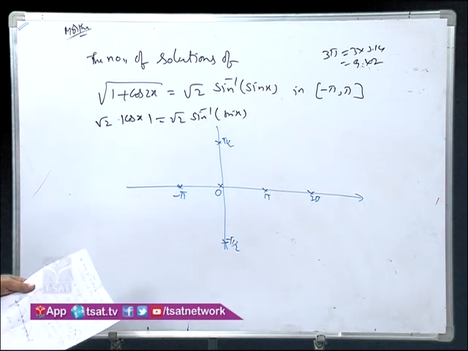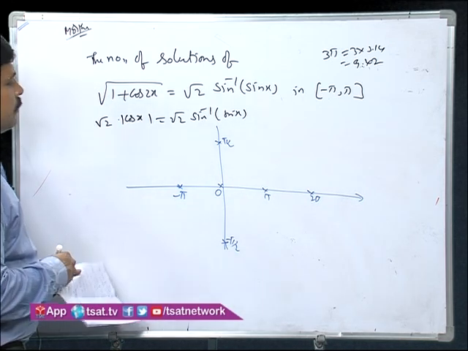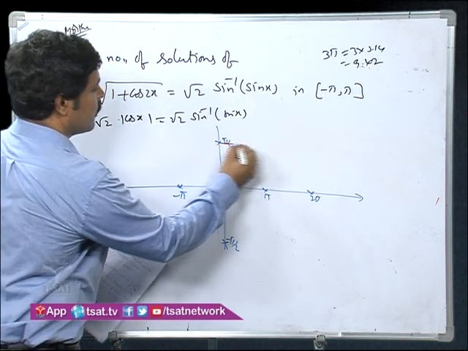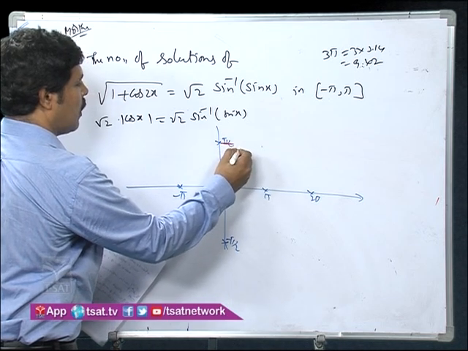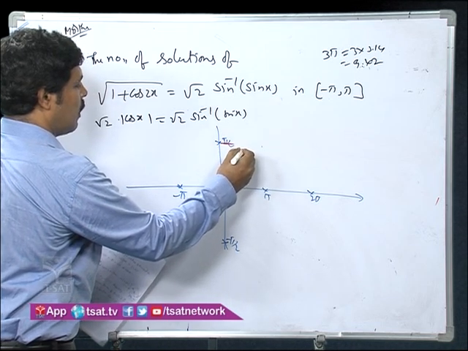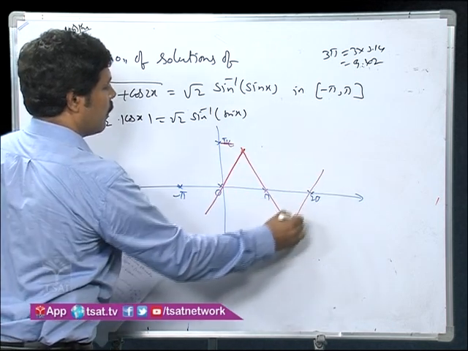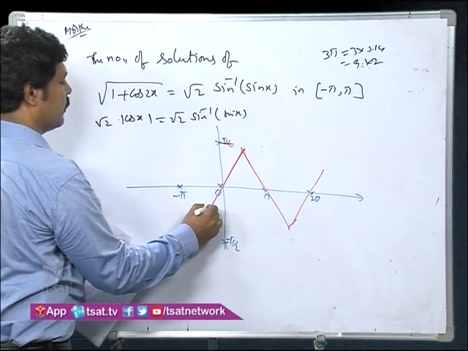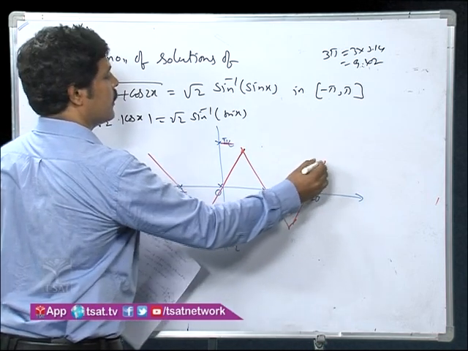The graph is like this. This red color graph is sin inverse of sin x.